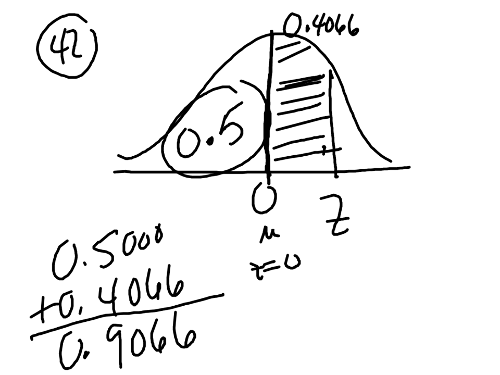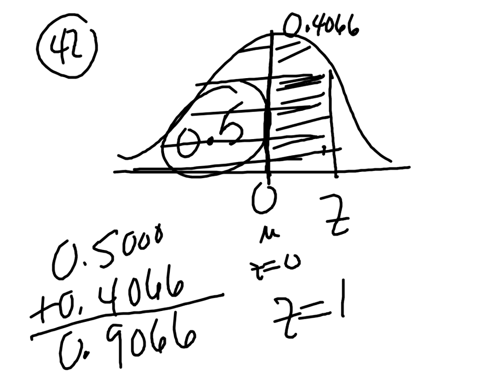Because by adding 0.5, it reminds us that the z-value is going to give us all the area to the left of that requested z-value. Again, it sounds kind of wordy, but when you do that, you end up with a z equals 1.32.